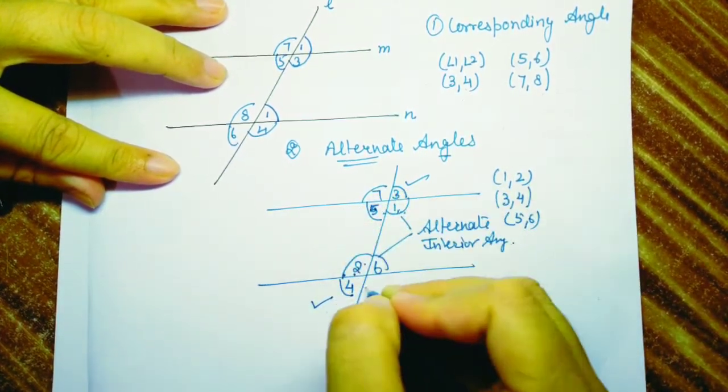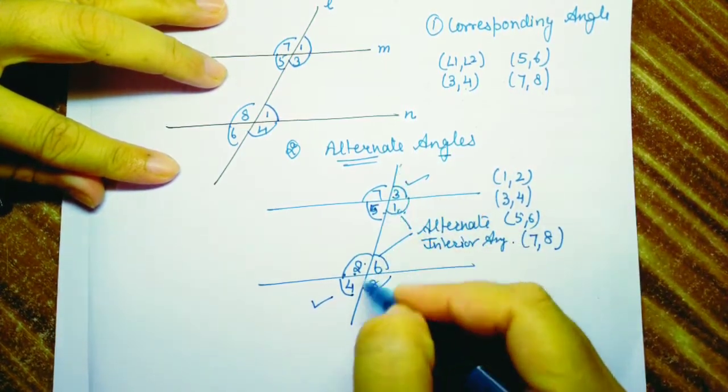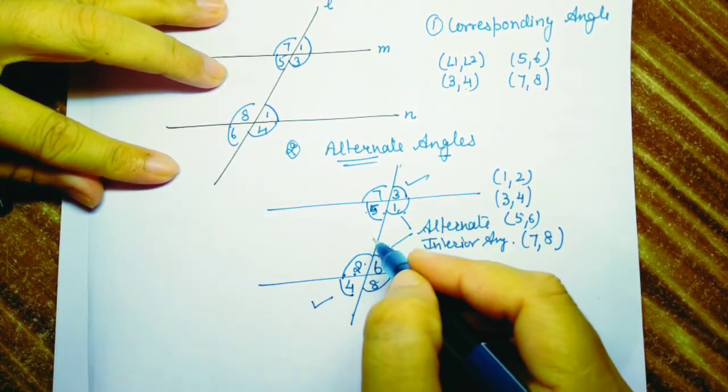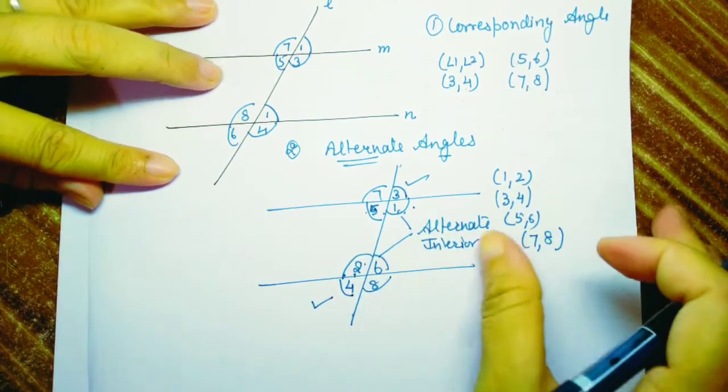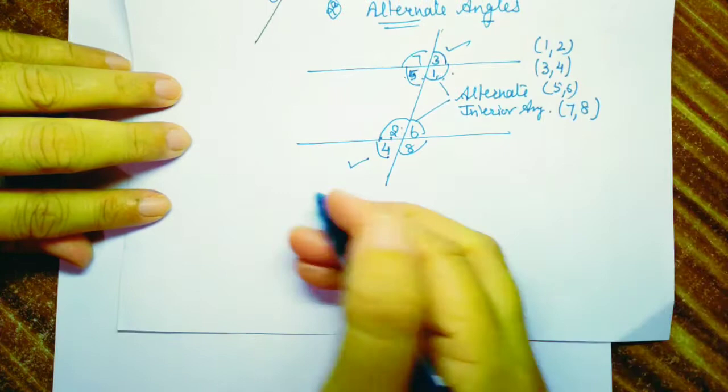This one is 7 and 8. So what are alternate angles? Angles on opposite sides of the transversal are called alternate angles.